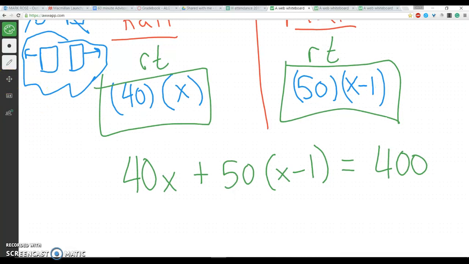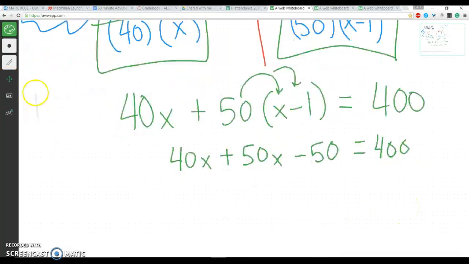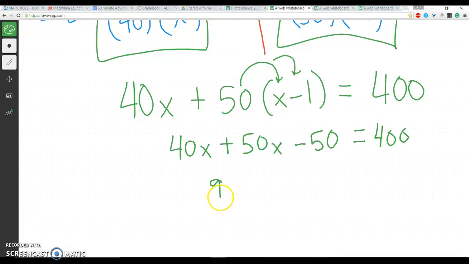And then let's start doing this. So this can distribute. 40x plus 50x minus 50 is equal to 400. I would have 90x minus 50 equals 400.